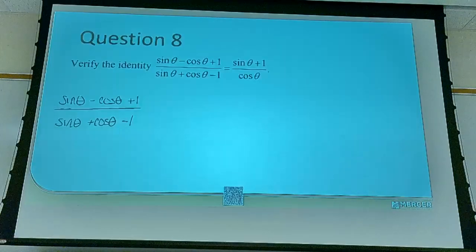Now, if you're starting with the left-hand side, that means you want to work towards the right. The right-hand side has a cosine alone in the denominator. So just try to multiply by cosine over cosine and see what you get.